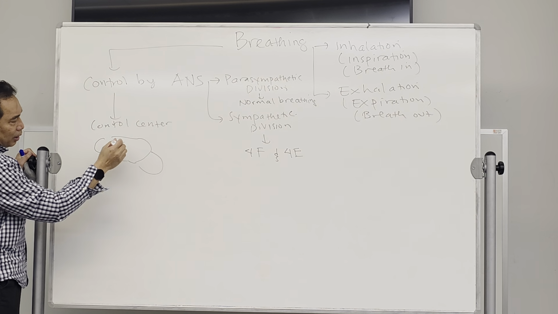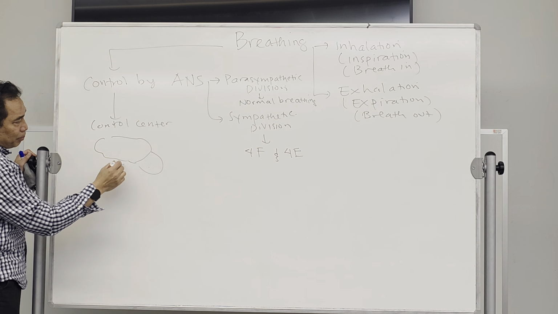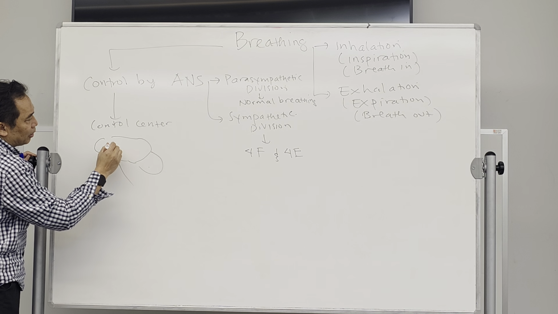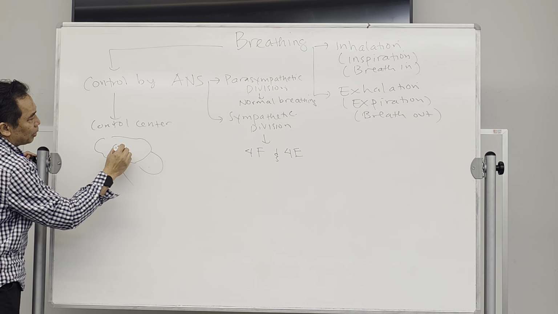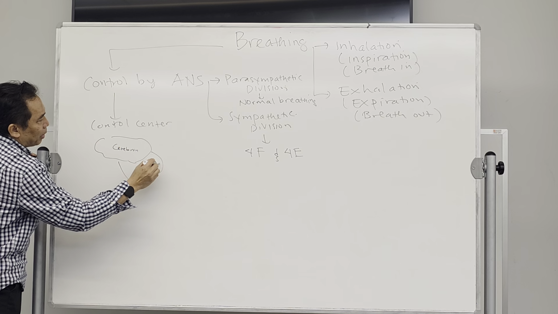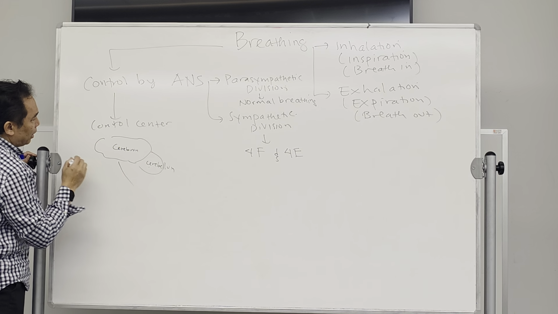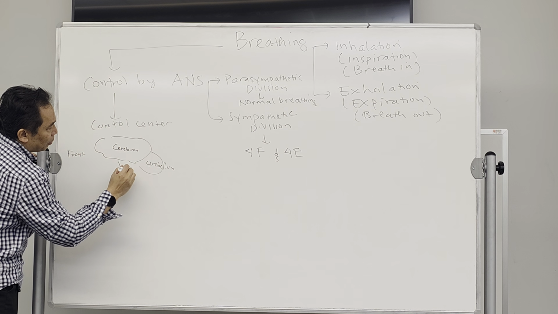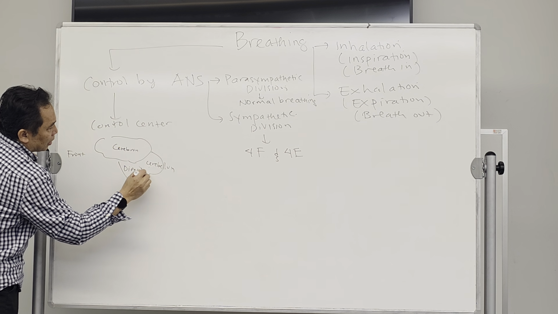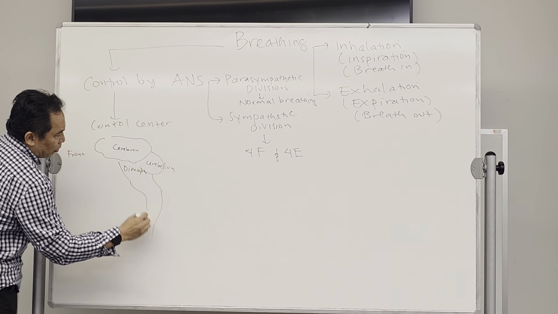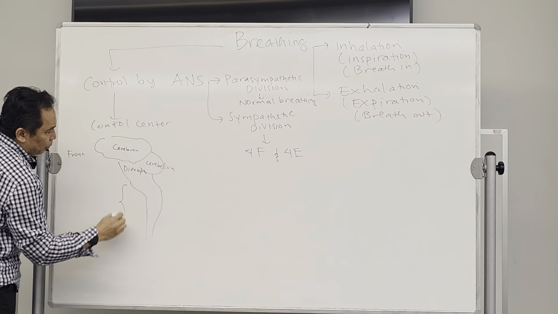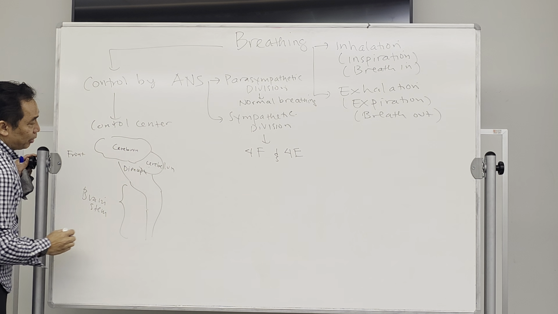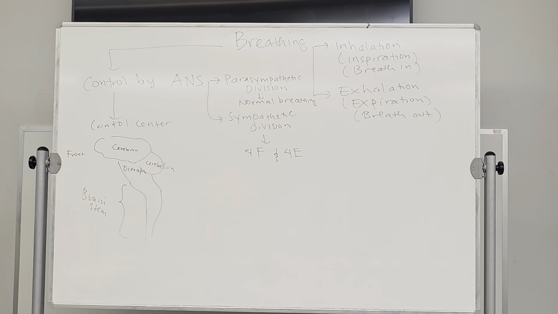You have the cerebrum, the cerebellum, this is the front, and then you have the diencephalon. And finally, you have the brainstem over here. So these are the four parts of the brain.